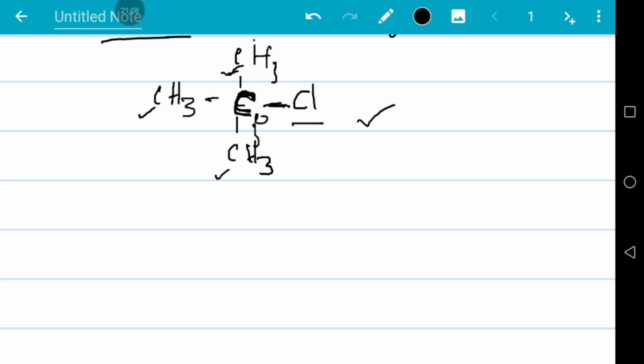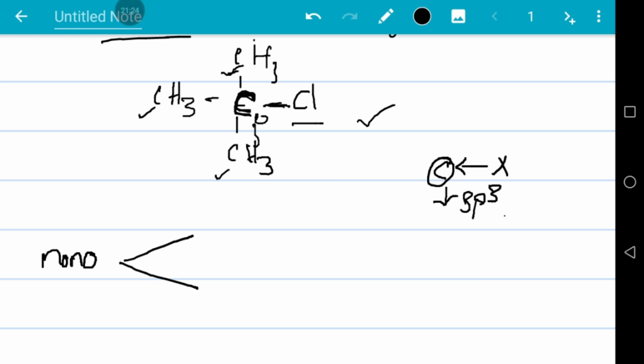Next, after that, monohalides have one more classification, based on the hybridization of the halogen-attached carbon, whether it is sp3 or sp2. If halogen is attached to an sp3 hybridized carbon, it is again classified into three types.